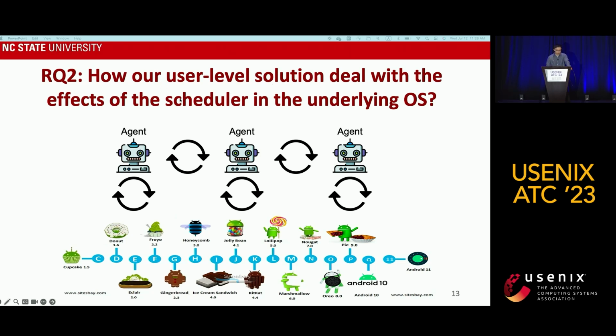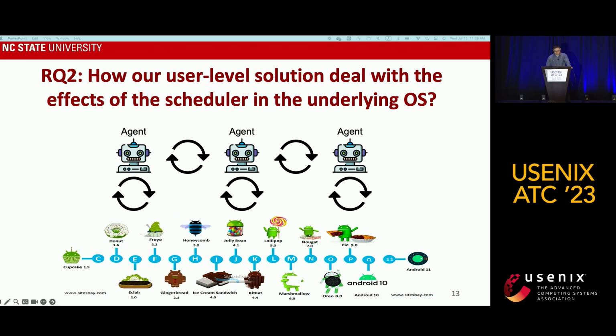And here comes the second research question: how does our user-level solution deal with the effect of the scheduler in the underlying operating system? The OS influences the execution of the app. The OS allocates computing units and other resources to each app and determines when an app runs and its priority level. The OS scheduler differs from one version of the OS to another, so we avoid demanding changes to the underlying OS, such as upgrading it or moving to another version.